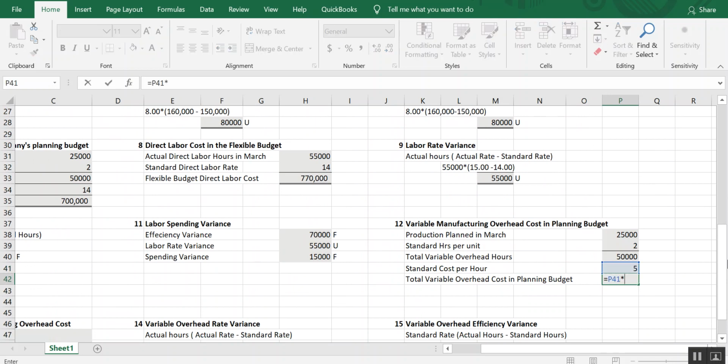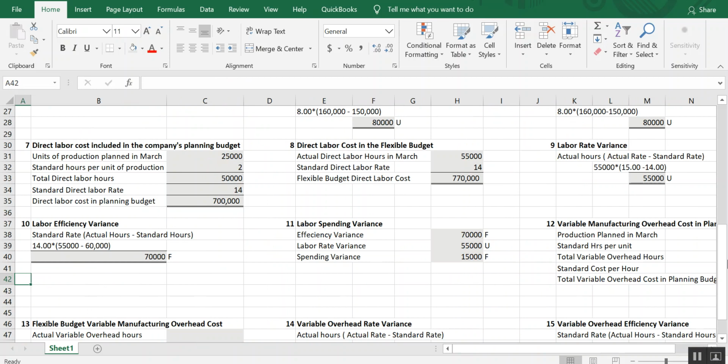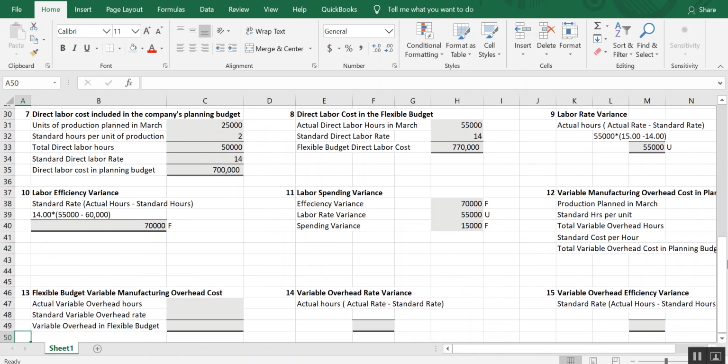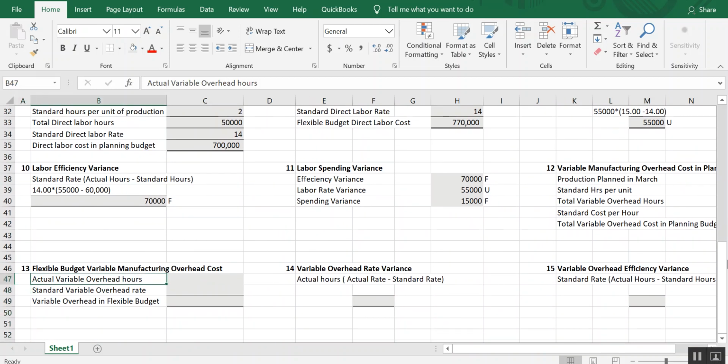We'll multiply $5 times 50,000. We get $250,000 in cost in the planning budget for the variable manufacturing overhead. Okay. So when we look at this, we're looking at, what was the actual plan? What would be the flexible budget? All right. The flexible budget variable manufacturing overhead cost.